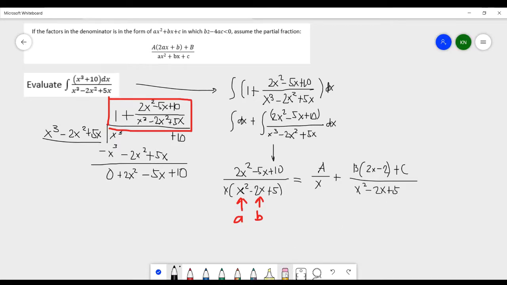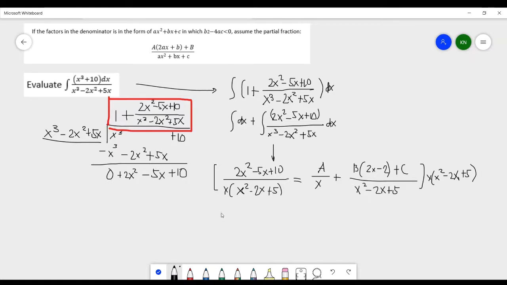Now we can continue to the process that we already know from the previous video. Multiplying both sides by the denominator, we have x times (x squared minus 2x plus 5).